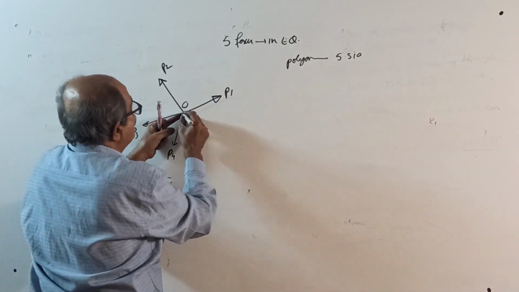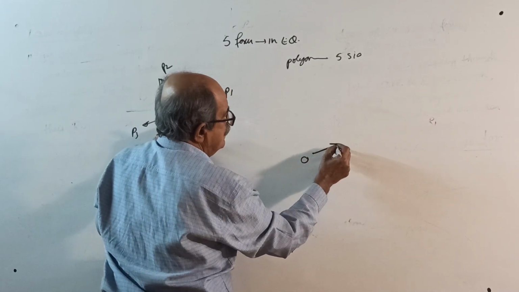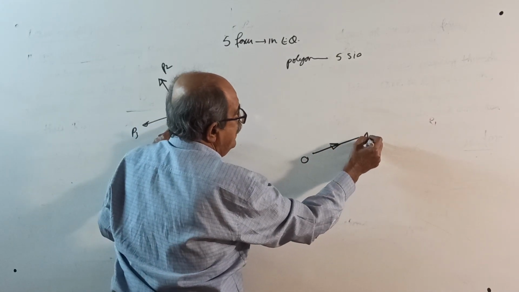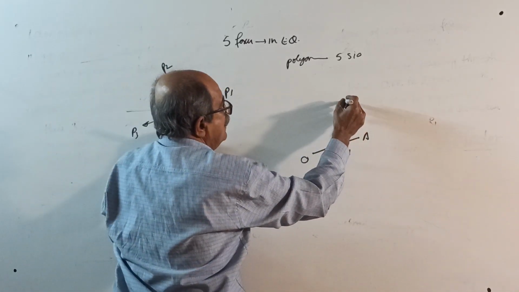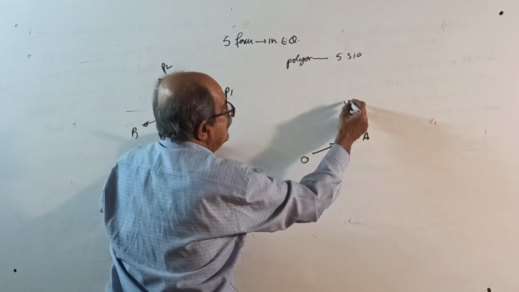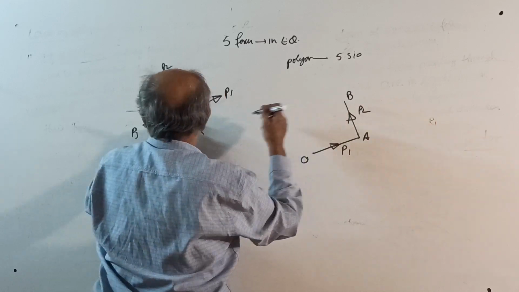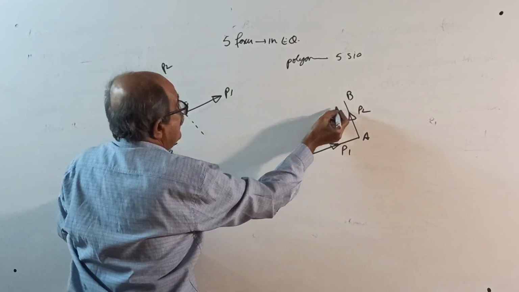Start at O. Represent P1 by OA. Represent P2 by AB. Represent P3 by BC.